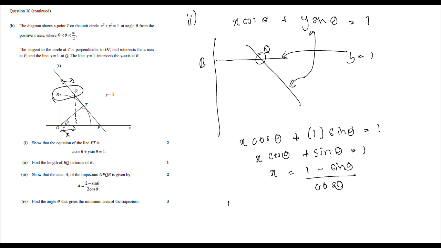So length BQ would be 1 minus sine theta over cos theta. That will give you 1 mark. Okay, now part 3, getting there to the end of the question.